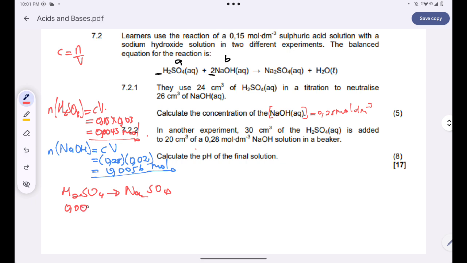I want to know how much of the sodium sulfate, my product, will I form.